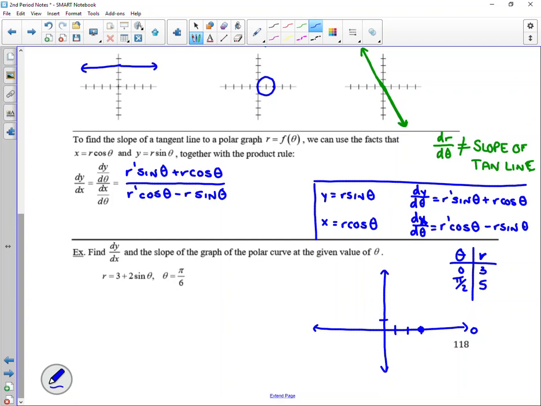So I go up 5. At pi, plug in pi, my r is still 3, right? Uno, dos, tres. And at 3 pi over 2, my r is at one, right? 3 minus 2.